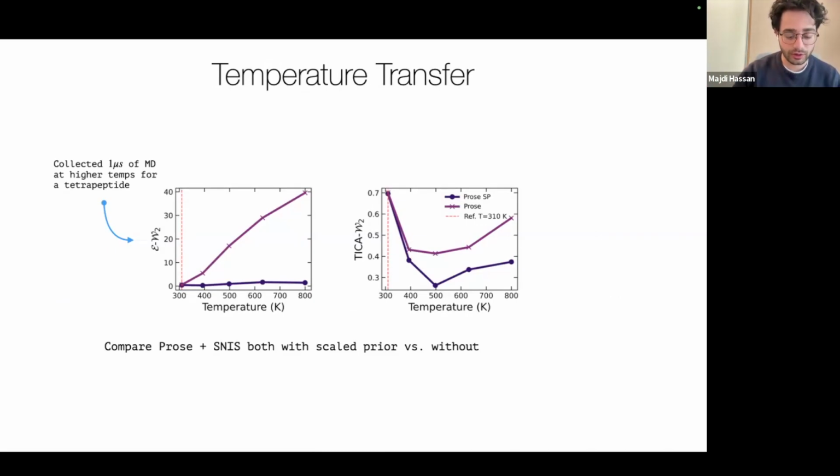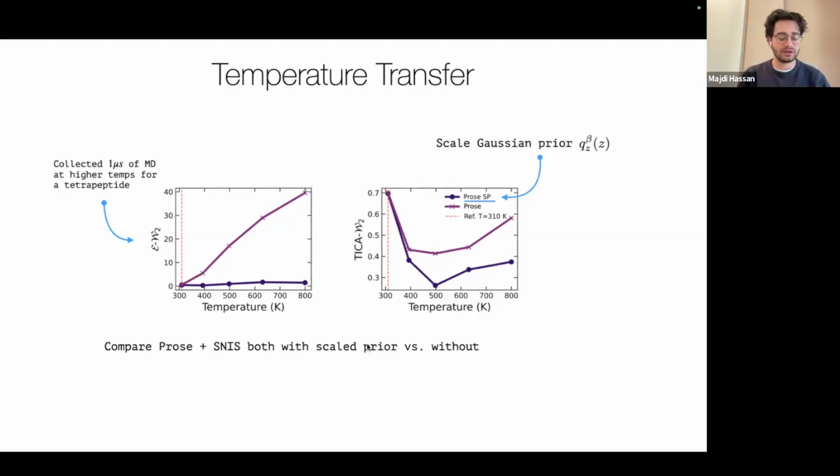And without training on this collected MD data, we're looking to compare Prose with self-normalized importance sampling at these target temperatures in 2 cases. We either scale the Gaussian prior, or we just sample the Gaussian as is. So how do we scale the Gaussian prior? We scale the Gaussian to the inverse temperature beta, and then we pass these into the normalizing flow and gather samples from it.